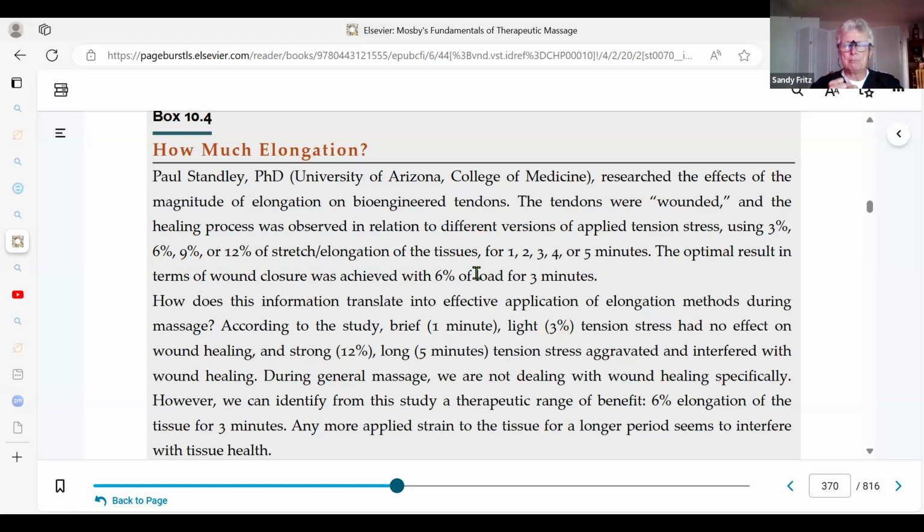Because a big concern is that people are overstretched. The connective tissue is made more lax when underlying laxity is the problem and hypermobility is the problem.